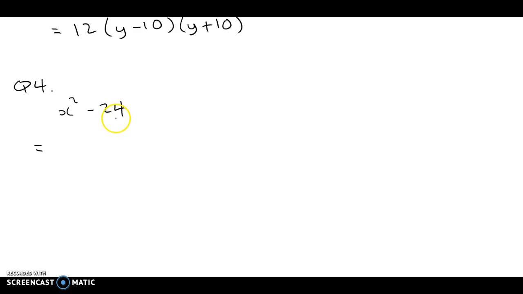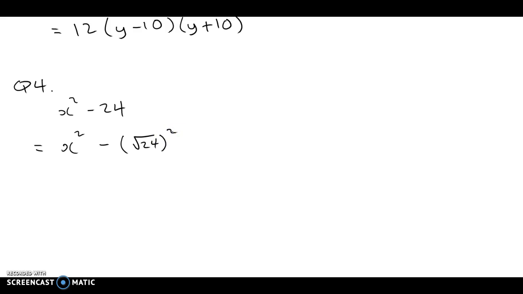So it's not as simple as just finding the square root of 24. So what we can do though is write it as x squared minus root 24 squared.